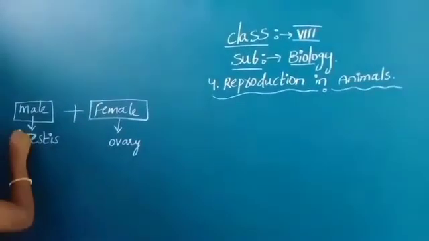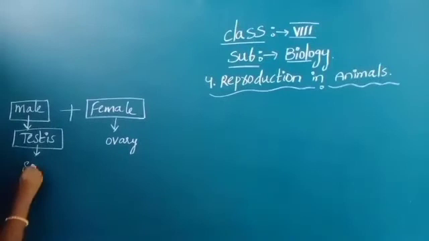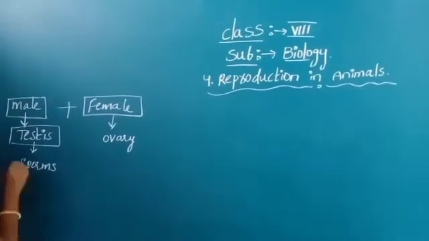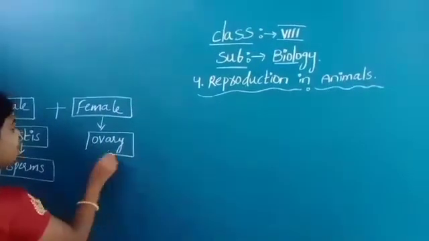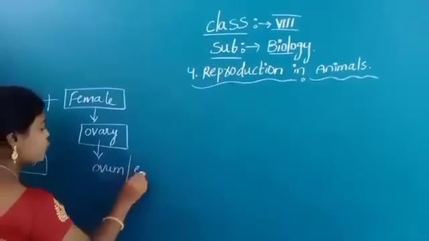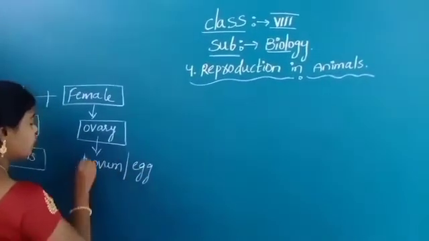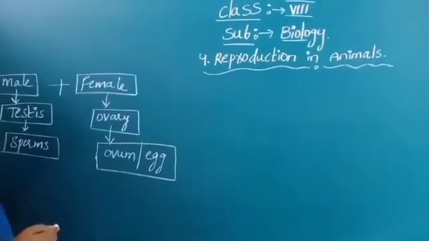The testes produce a number of sperms from the male body and the ovary produces ovum. The ovum is also called egg. So here what happens?